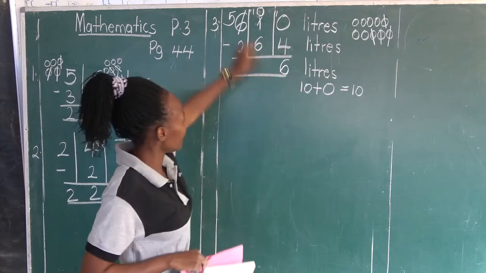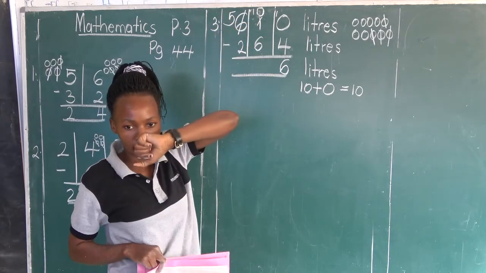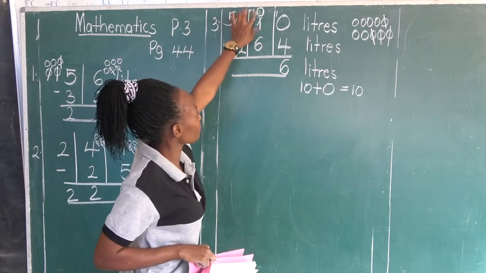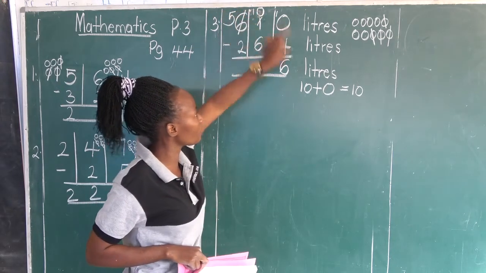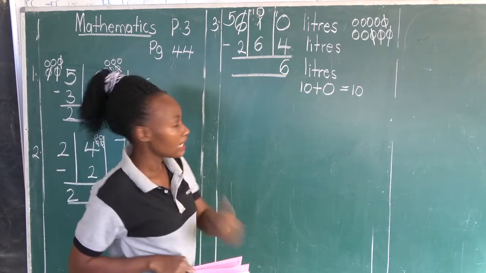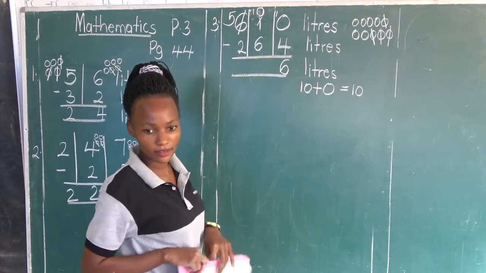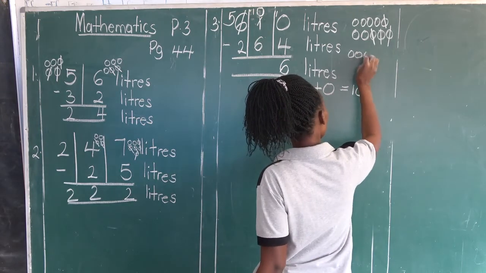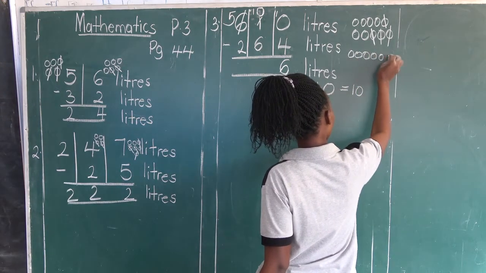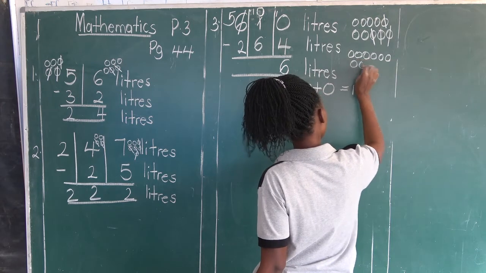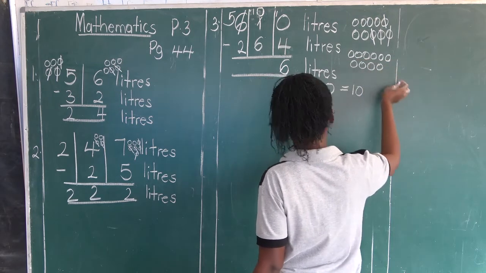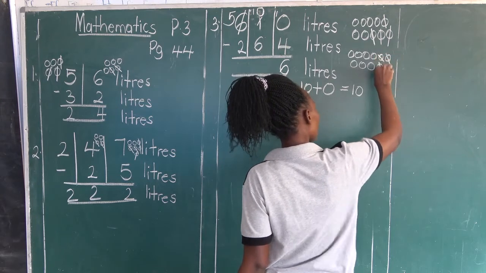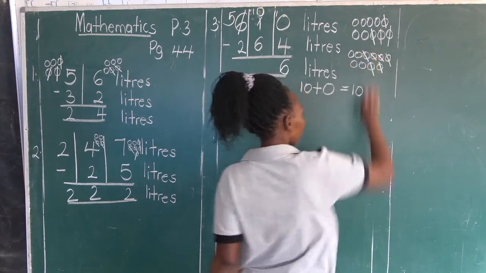Now we shall say 10 take away 6. Draw your 10 balls: 1, 2, 3, 4, 5, 6, 7, 8, 9, 10. Take away 6: 1, 2, 3, 4, 5, 6.